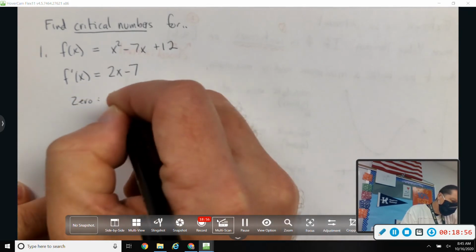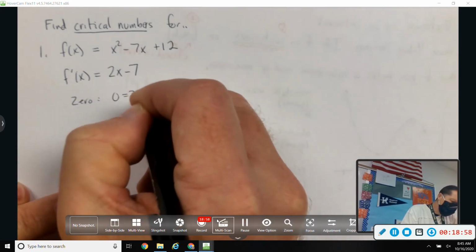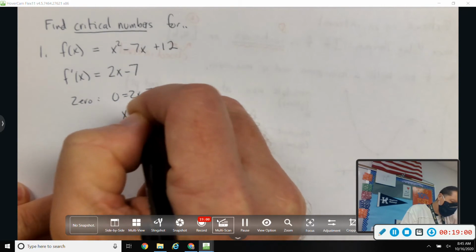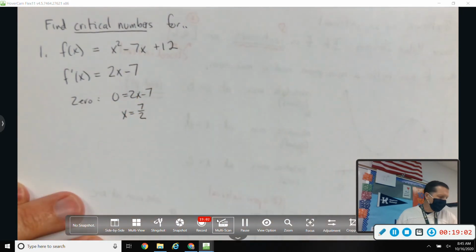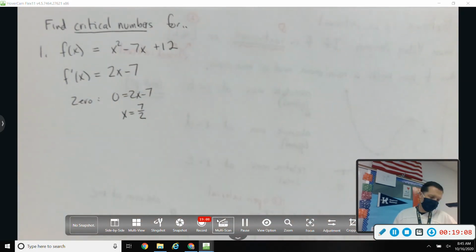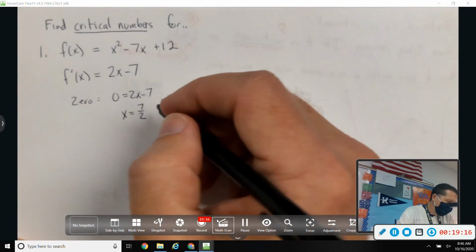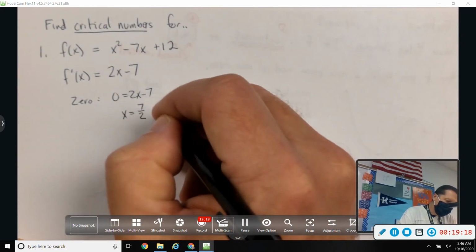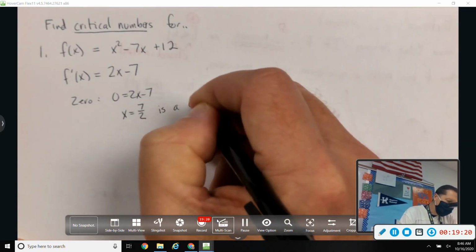For 0, we'll set it equal to 0, and we get x equals 7 halves. And it's not undefined anywhere. It's defined everywhere, so I don't have to worry about an undefined part for that derivative. So x equals 7 halves is a critical number.